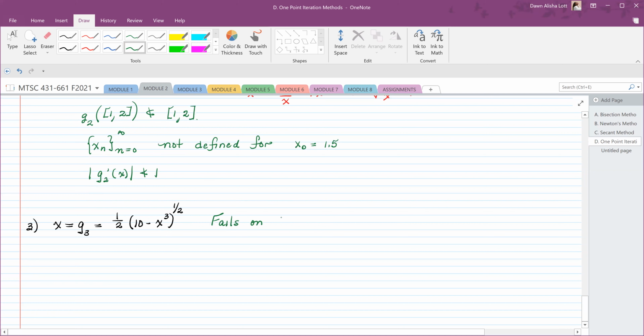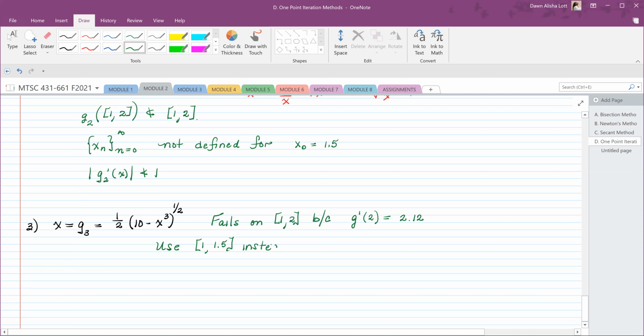On the interval 1, 2, because G prime at 2 is equal to 2.12. So what we can do is use a smaller interval. So use this interval 1.15 instead.